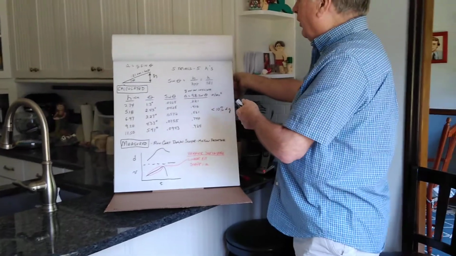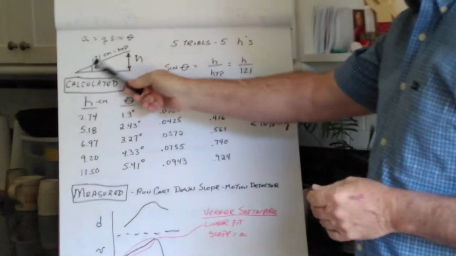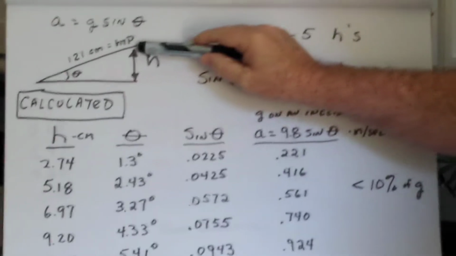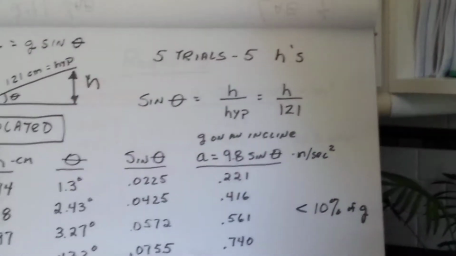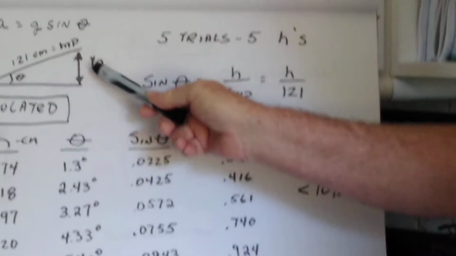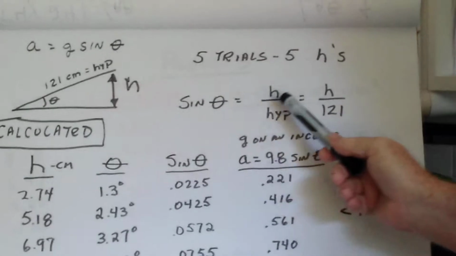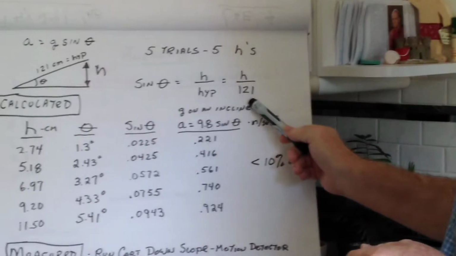Building off that, our cart ramps are 121 centimeters long, and we're going to prop the ramp up a certain height. Knowing simple trigonometry, the sine of that theta angle is h over the hypotenuse, this height over 121.